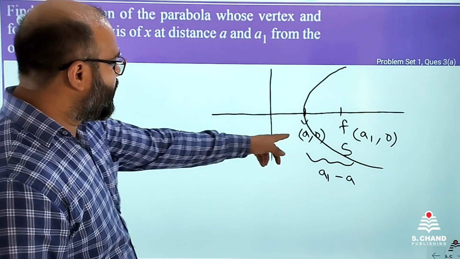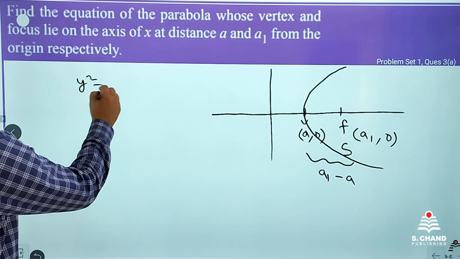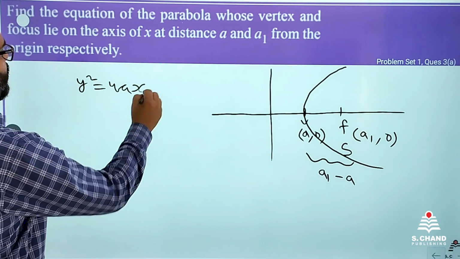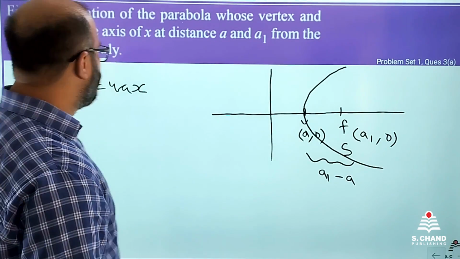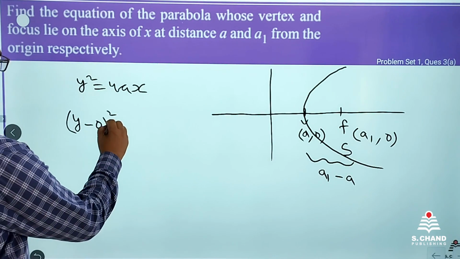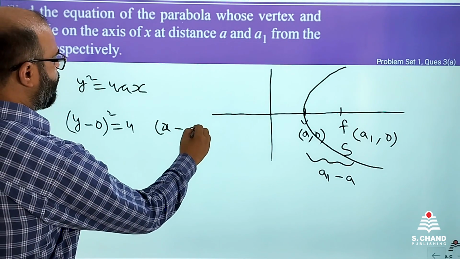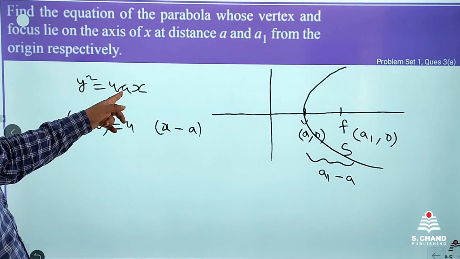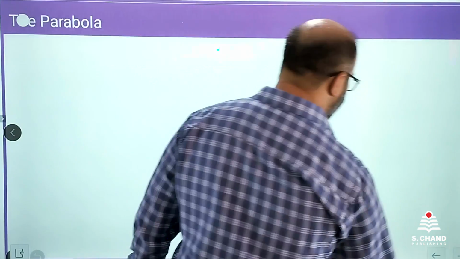The vertex is a comma 0. Originally the equation is y square is equal to 4ax. Now it is shifted to a comma 0. So this will become y minus 0 whole square is equal to 4 into x minus a. Now what will be a? A was actually the distance between the focus and the vertex.